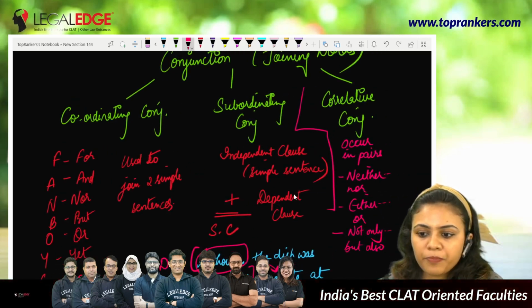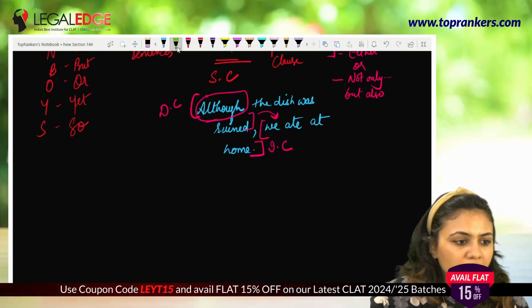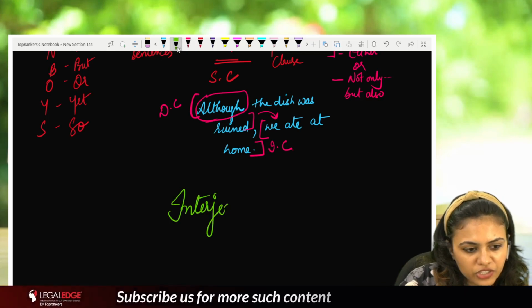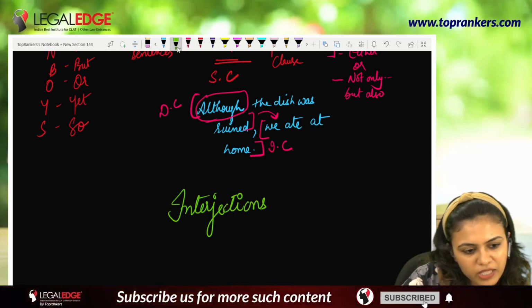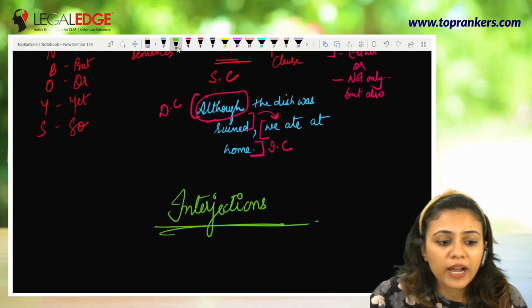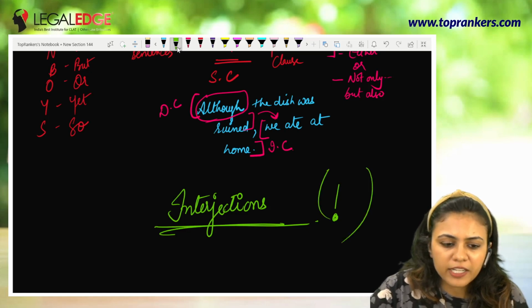I hope it's clear. Now, moving to the last category of parts of speech, and that is going to be the easiest one of them all, interjections. Now, this is something which is very easy to locate in a sentence because it's usually followed by an exclamation mark. Exclamation point हमने बचपन में पढ़ा था, right?